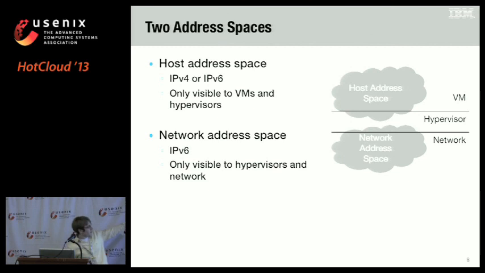At the same time, you have the network address space, which is invisible to the VMs, but visible to the hypervisors, and this is how packets actually get routed through the data center. To understand how these address spaces are related, I'm going to go through a quick example of how to convert between the host address space and the network address space.